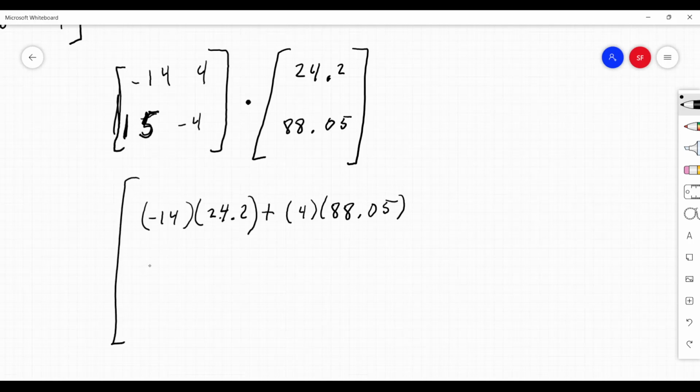And the second part would be 15 times 24.2 plus negative 4 times 88.05.